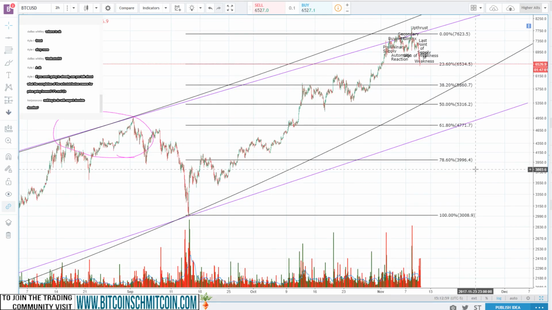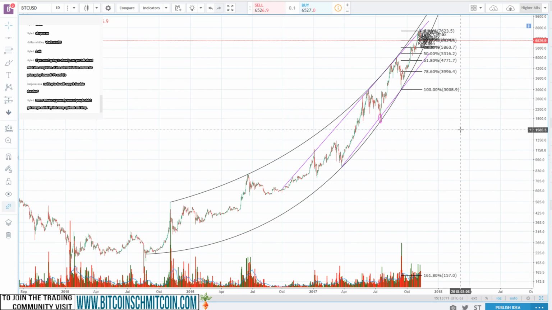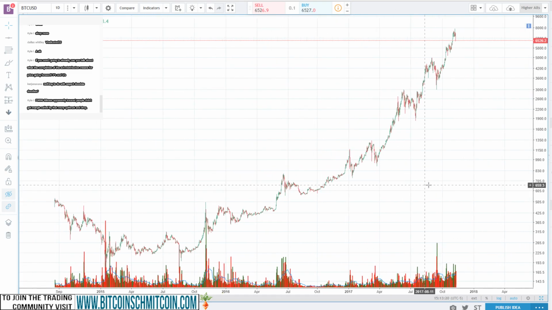And for those who have been following my ramblings on the parabolic envelope and the linear ascending and descending trend line, if we zoom out even further on the 1 day, we see the parabolic envelope here, and then obviously the linear trend line here.